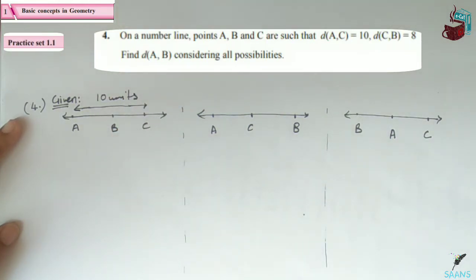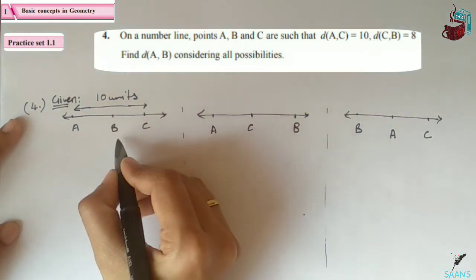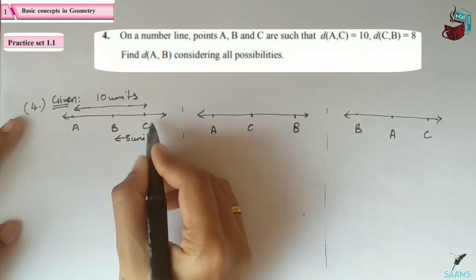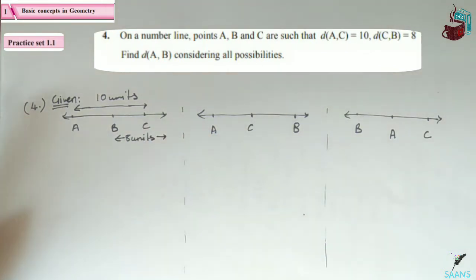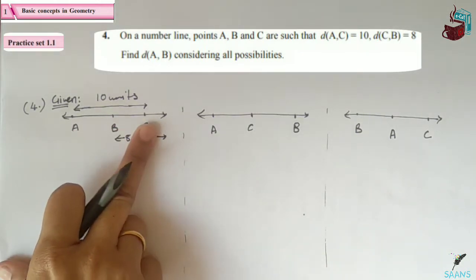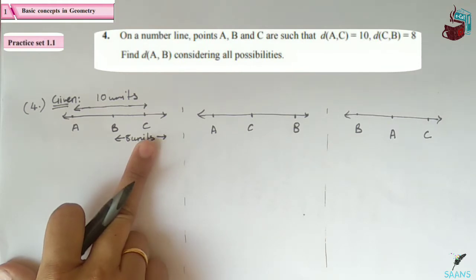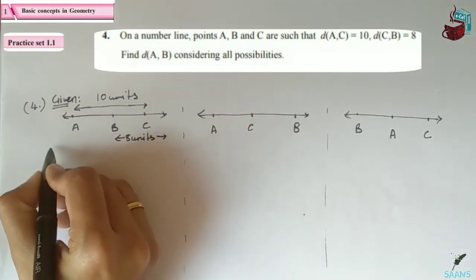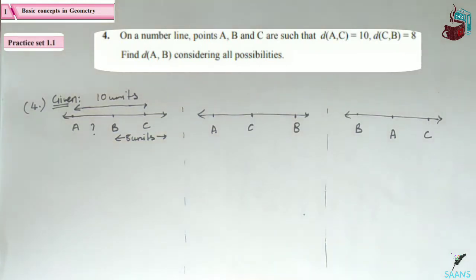Next, distance CB is 8 units. First we apply the concept of betweenness, and after that we calculate normally by addition and subtraction. So distance AC is 10, distance BC is 8 units. We have to find distance AB.